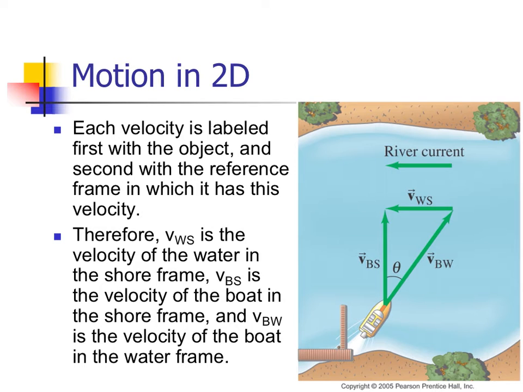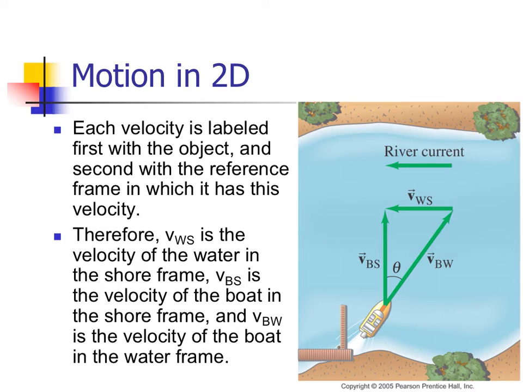So how we label these components or these vectors is also going to be an important part. Because, as you can probably guess, things can get very complicated very quickly.